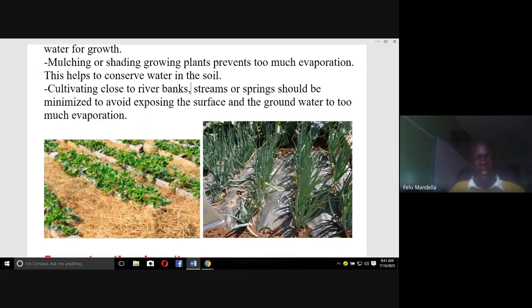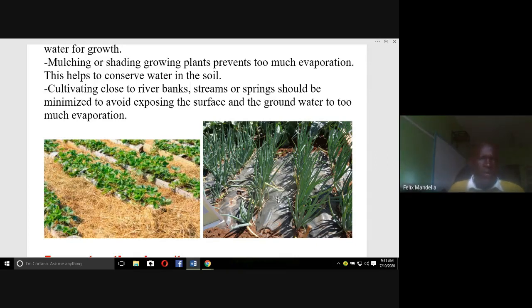And again, if some of these materials contained diseases, like if I took materials from beans that had crop pests or diseases, I can transfer these diseases into my farm. Those are some of the disadvantages, but again, we say the advantages outweigh the disadvantages. So that is about mulching.